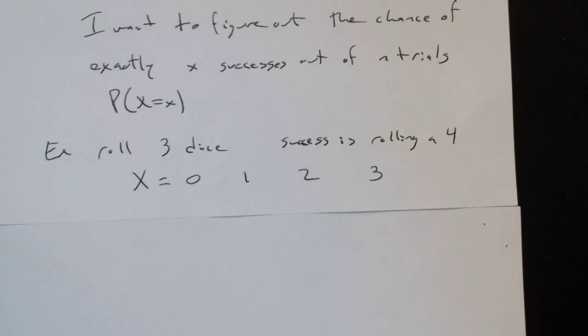The chance the first die came up with a 4 is 1 out of 6. The chance the second die came up with a 4 is 1 out of 6. But the third die should not be a 4. What's the chance of that happening? 5 out of 6. So 1 out of 6, 1 out of 6, 5 out of 6.